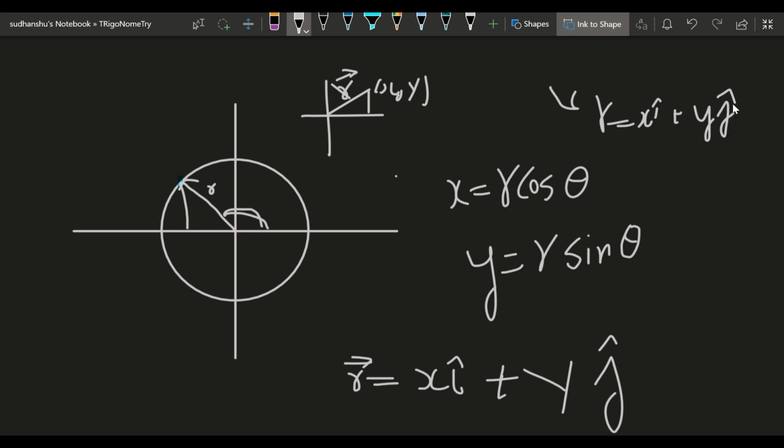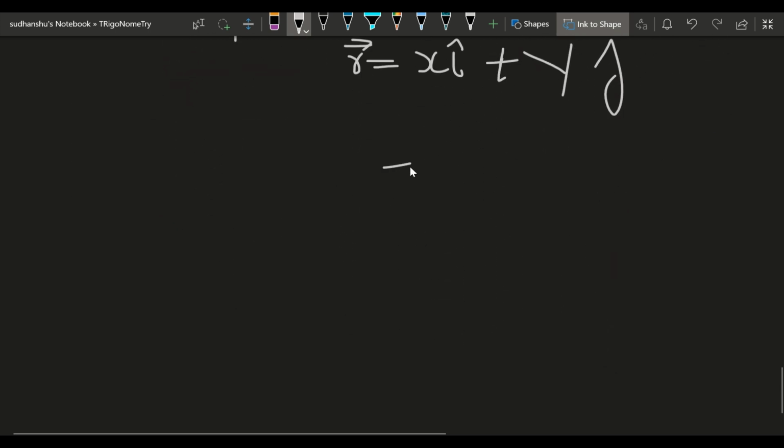So अगर मैं x और y की वैल्यू यहाँ पे पुट करूँ, I get a very simple formula that it's r cos theta i cap plus r sin theta j cap.